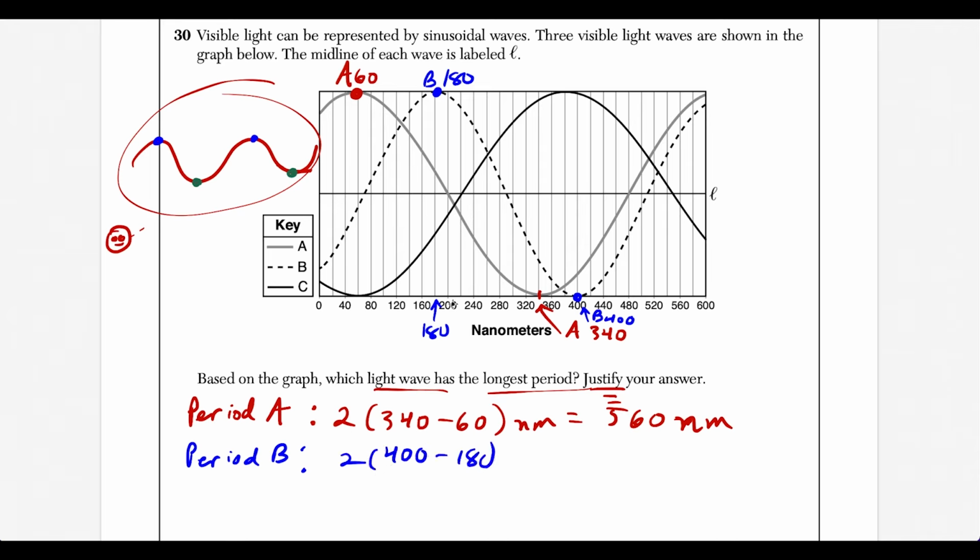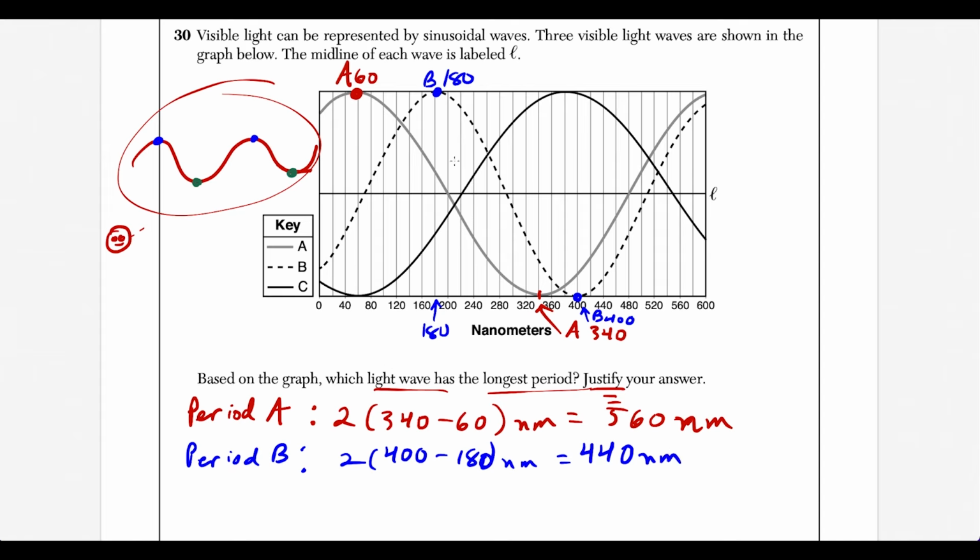So now I measure that horizontal distance it takes to complete the wave. Once again, I'm doubling it because if I go from a high to a low, that's just half of the wave. And we're in nanometers still. Let's just do the arithmetic here. You could just punch this in a calculator, but 400 minus 180 is going to give us 220, times 2 is going to give us 440 nanometers.